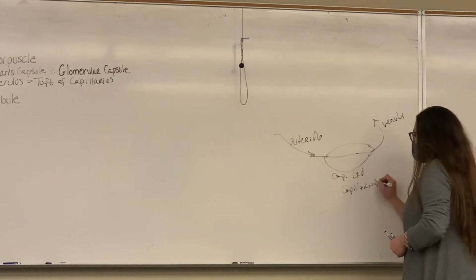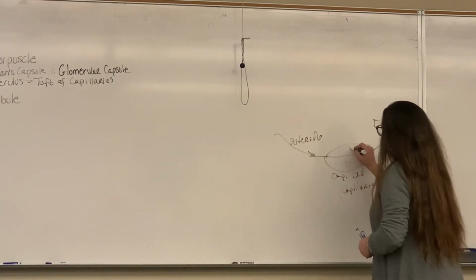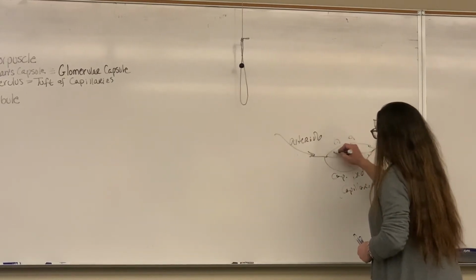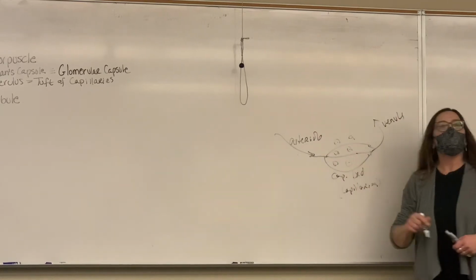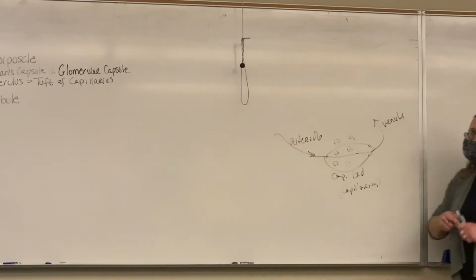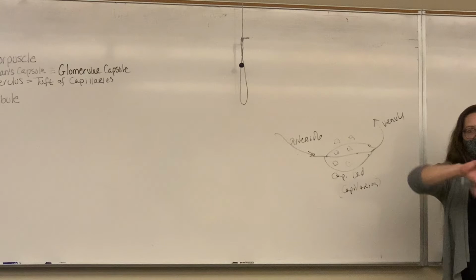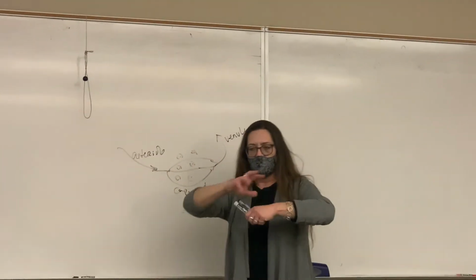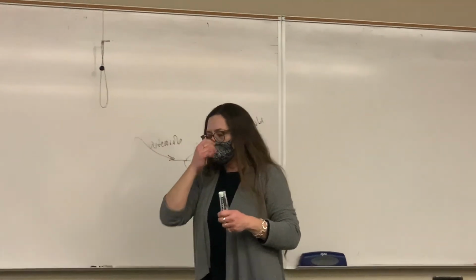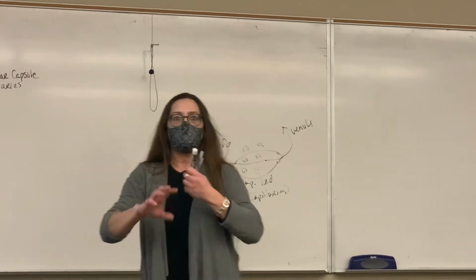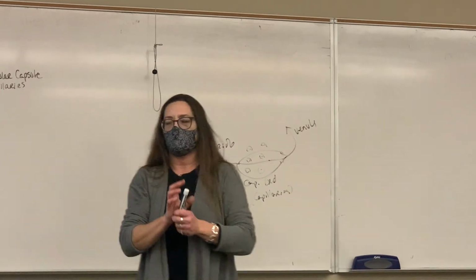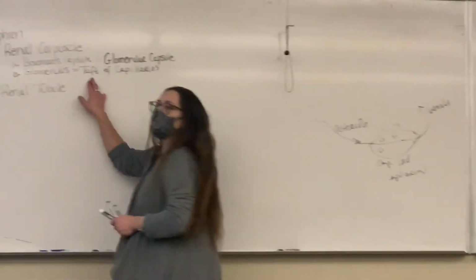A bed of capillaries, and around that would be a bunch of cells, right? Here, we just have a tuft of capillaries, which just means it's a knot of capillaries. Think of a cat playing with a ball of yarn. It'd be like a tuft of capillaries like that. And that's what's inside of here.